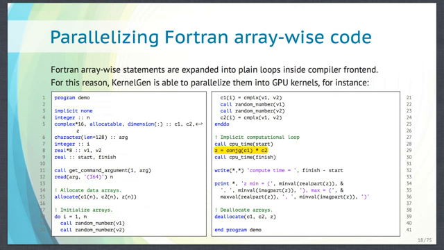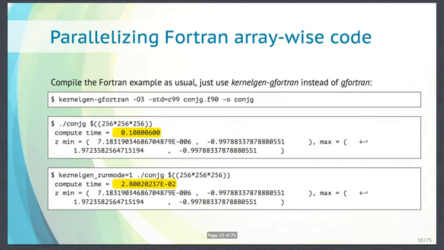This statement means that we apply the conjugation and multiplication to each corresponding element of each array. The good thing about our technology is that the front end is expanding the statement into a plain loop. So from our internal representation, this statement is converted into a plain loop, and it could also be parallelized like in the first two easy cases.